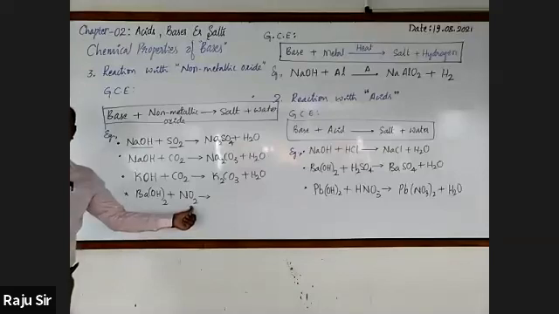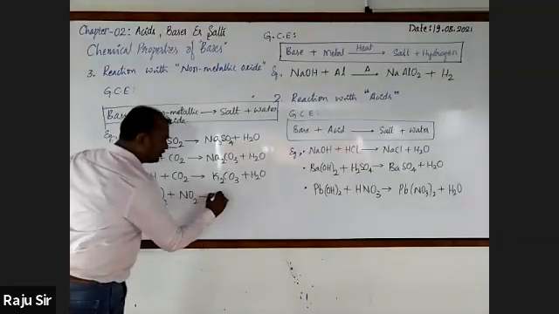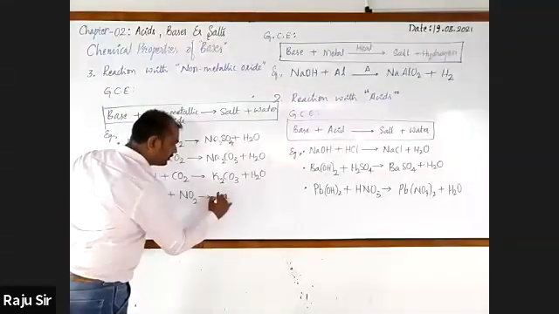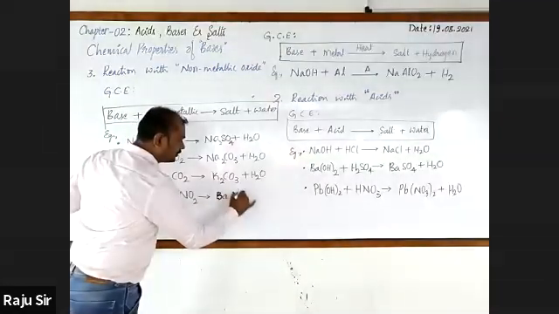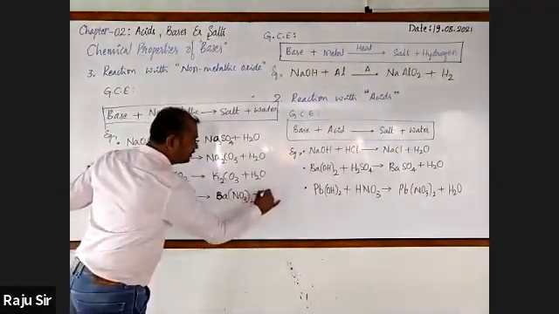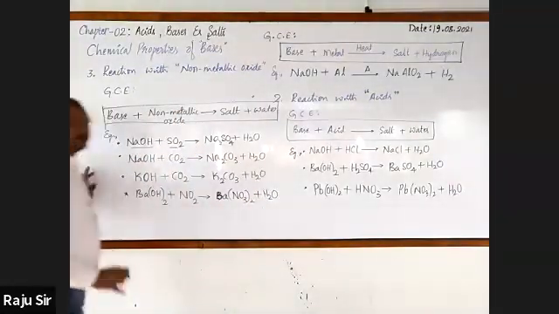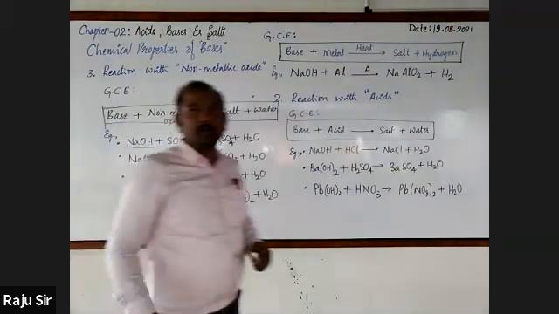Barium nitrate. Chemical formula Ba(NO3)2 plus water.